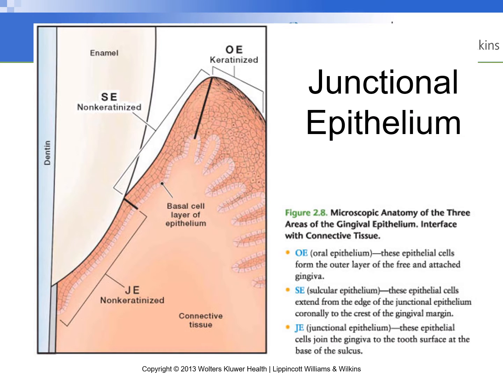So here's another description of the junctional epithelium. You can see what's keratinized and not keratinized. This is really soft. It's not keratinized. Things can permeate through here from the cells.